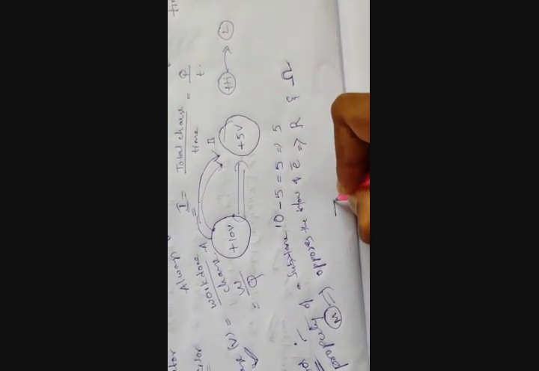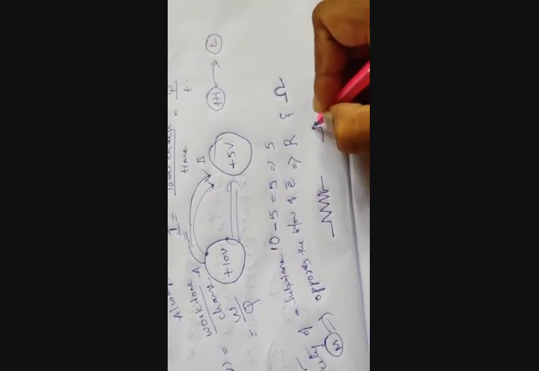It is denoted by a symbol like this, between points A and B. If we want to vary the resistance, we can use a variable resistor, denoted like this, with values like 5 ohms, 10 ohms.